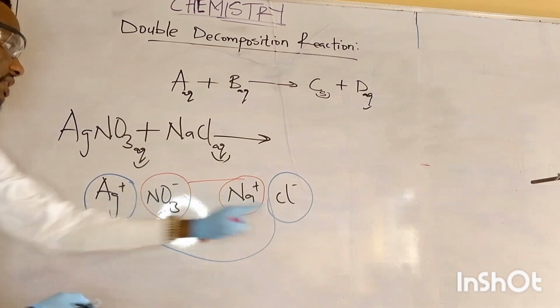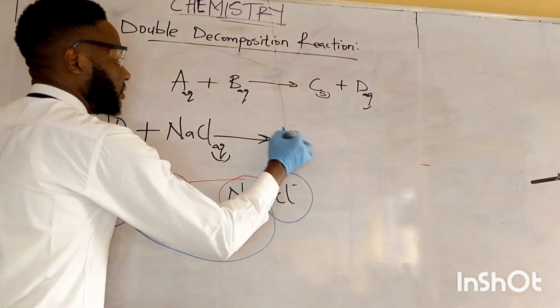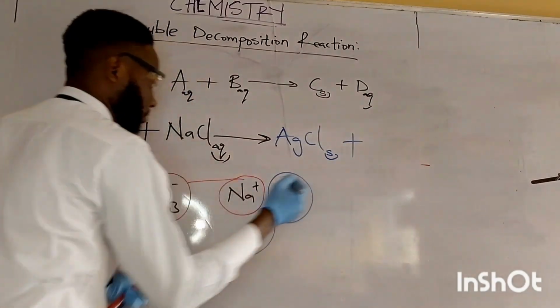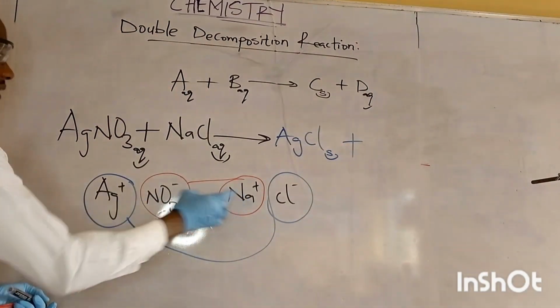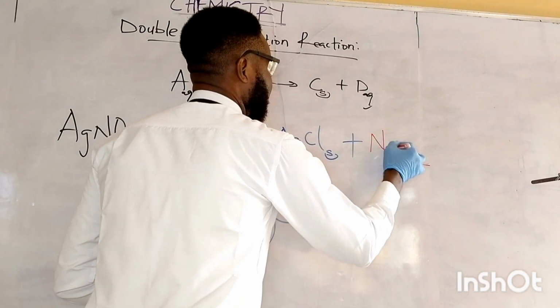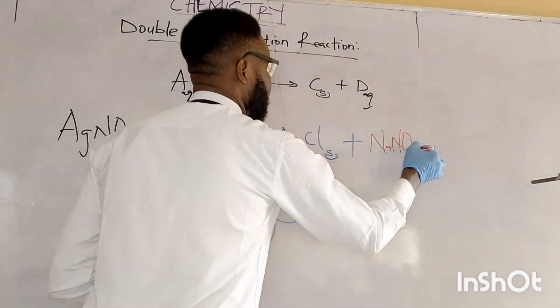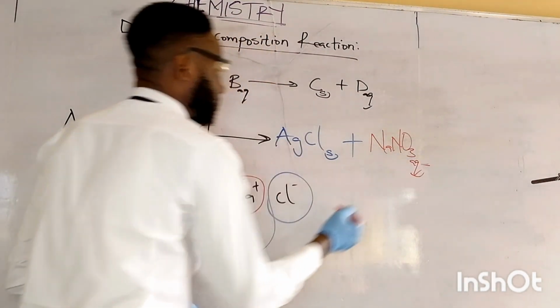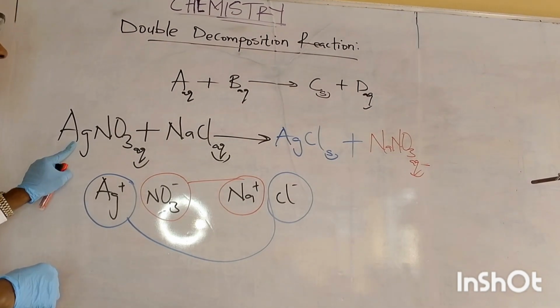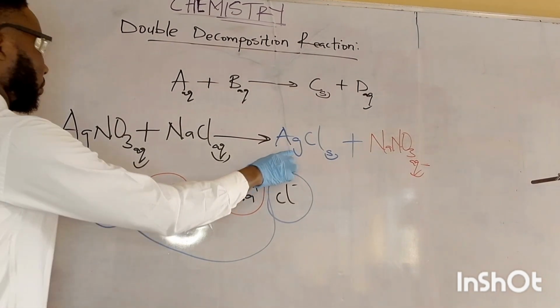Now we have AgCl, AgCl solid. Then the last one is NaNO3. That will be the other one, NaNO3 aqueous. Do you understand? Let's check if the equation is balanced. Silver is how many here? 1, 1.